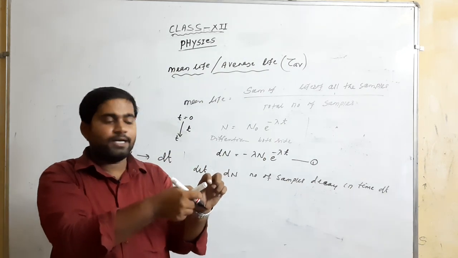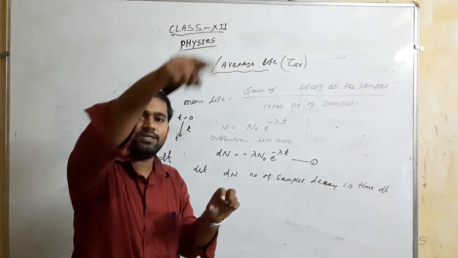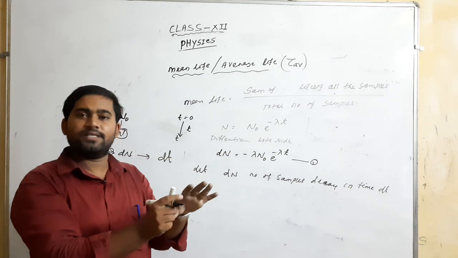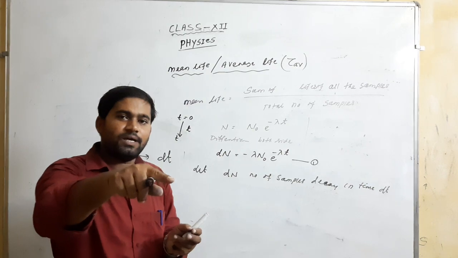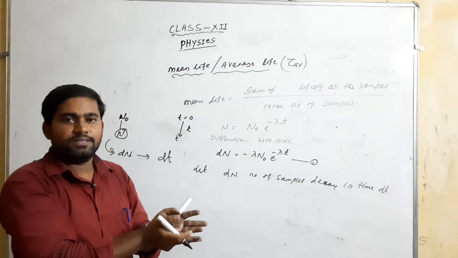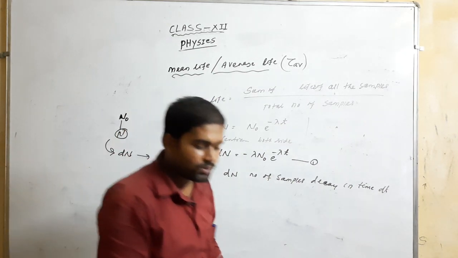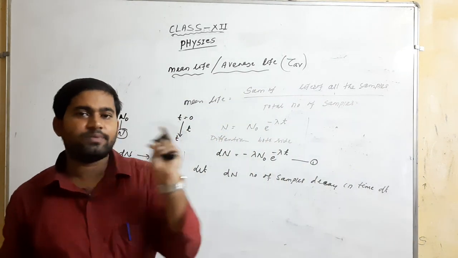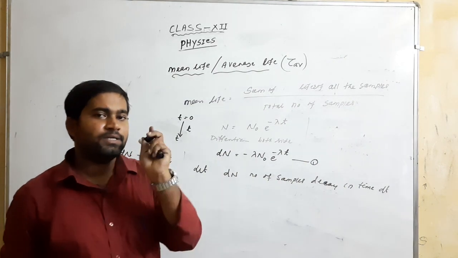Before decay, these 10 atoms existed for 2 minutes, so the total lifetime is 10 into 2, that is 20 minutes. Each sample exists for 2 minutes, so 10 samples have a total lifetime of 20.